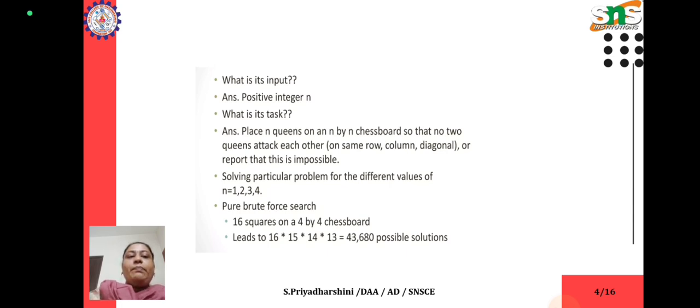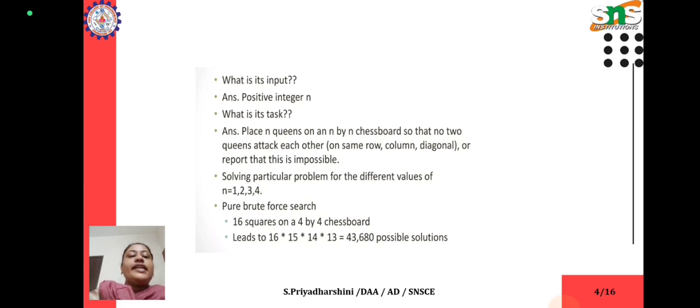We cannot place 2 queens on any of the squares, so it is impossible to arrive at a solution. When n is equal to 3, it is a 3 cross 3 board. Again the problem lies here, we cannot place 3 queens on any of the squares. So always remember, there is no trivial solution when n is equal to 2 or n is equal to 3.